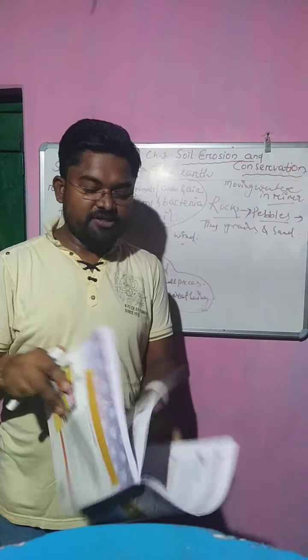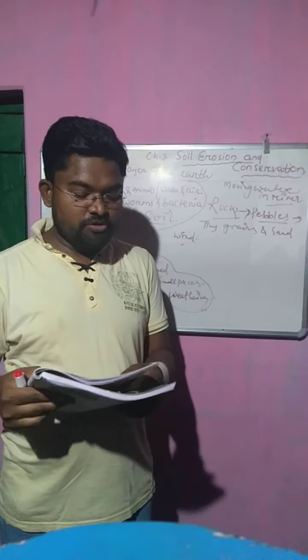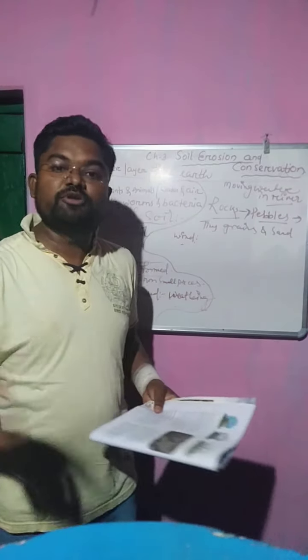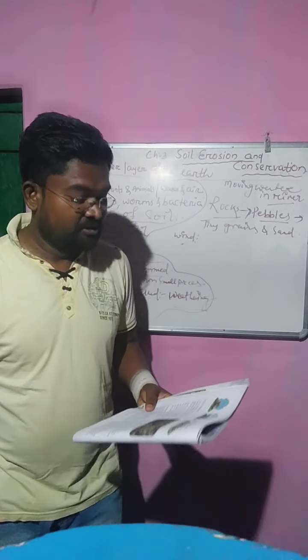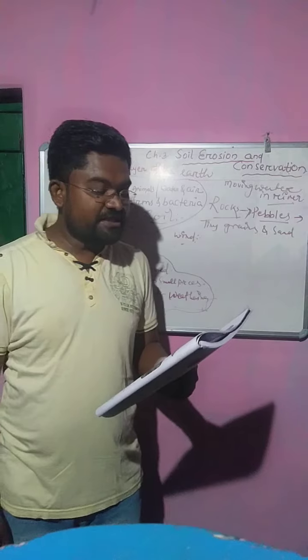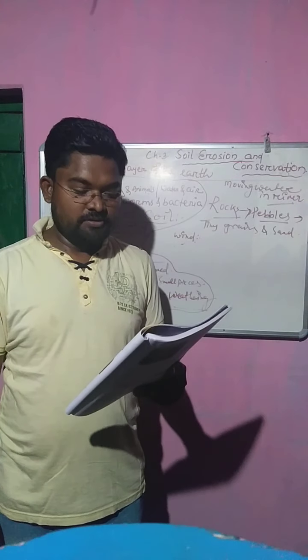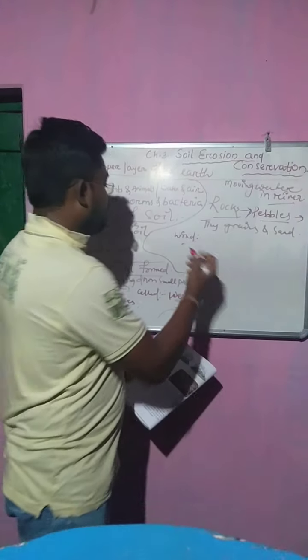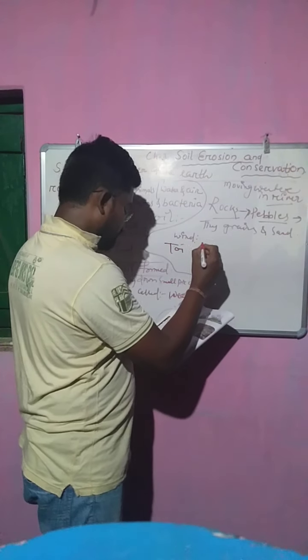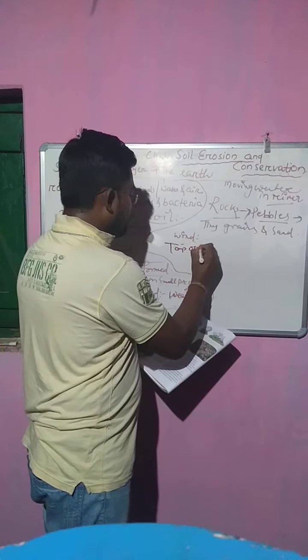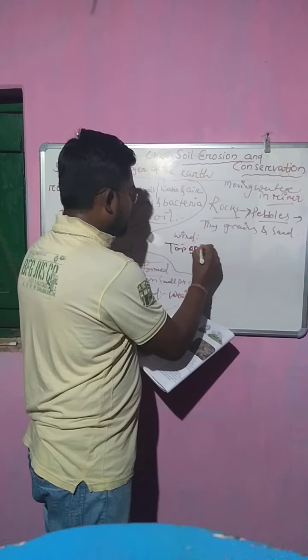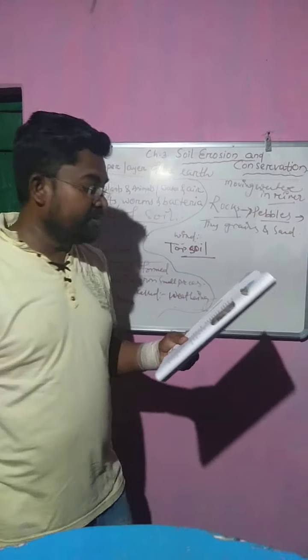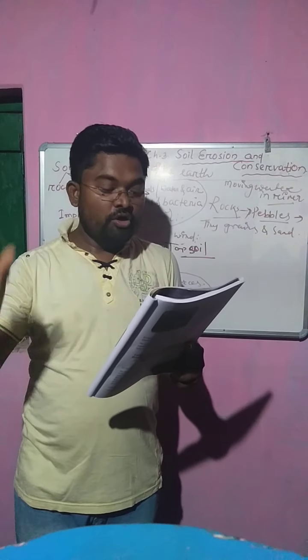Next, we'll learn more about soil erosion, how soil erosion happens. As the soil forms, it settles down in layers. The topmost layer is known as the topsoil. What do you mean by topsoil?